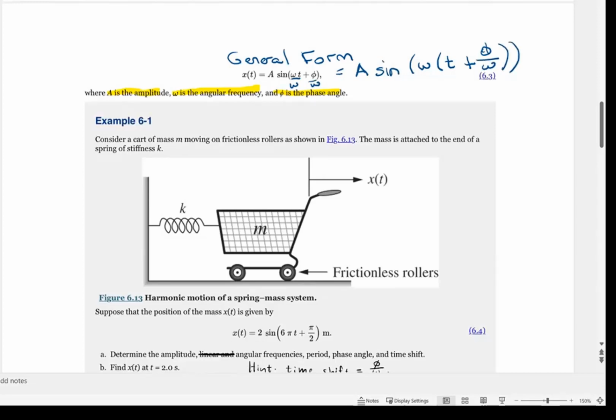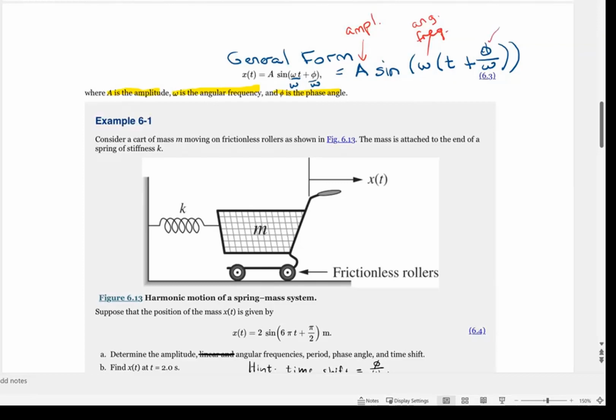Okay? And as I've said before, this is our amplitude. This is our angular frequency.